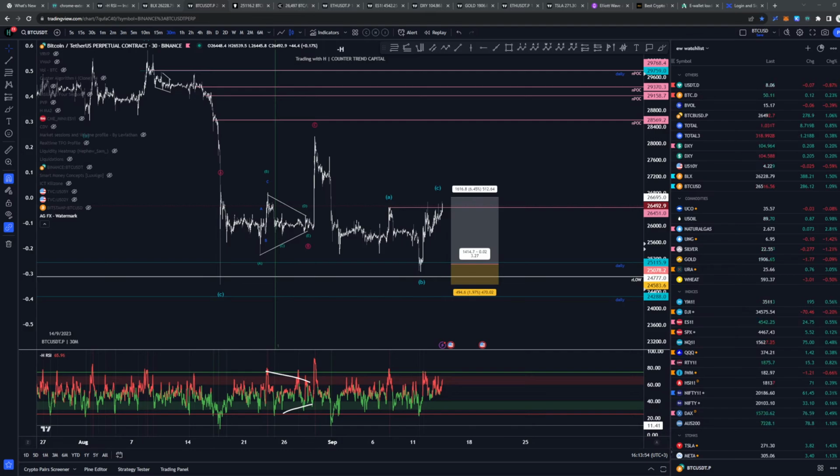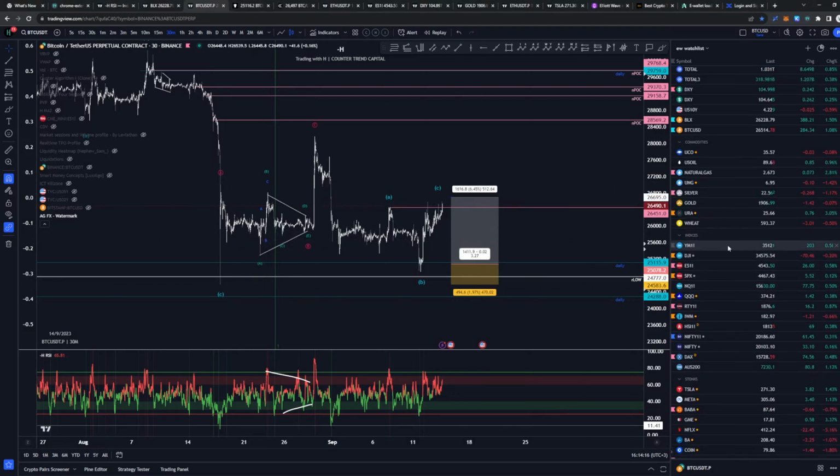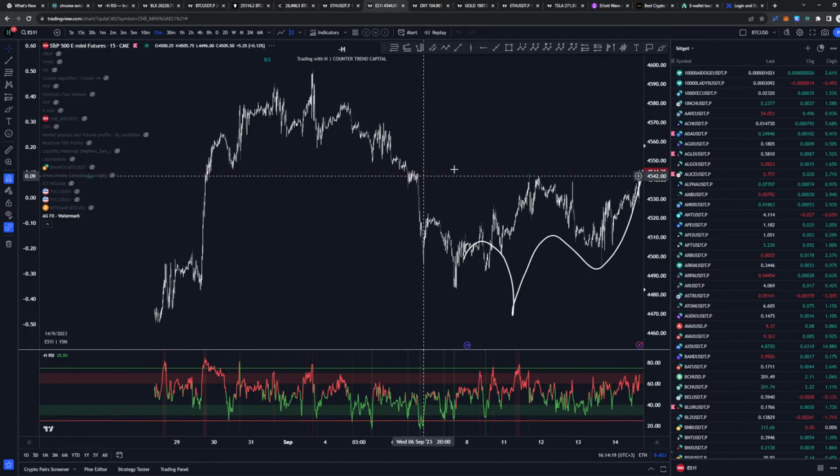Let's see, what do we want to be starting with? Let's start with indices first. There's been quite a few things going on in the indices.